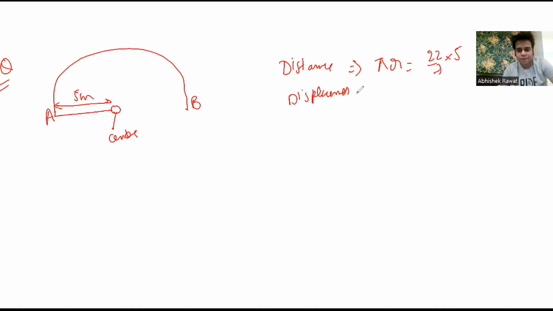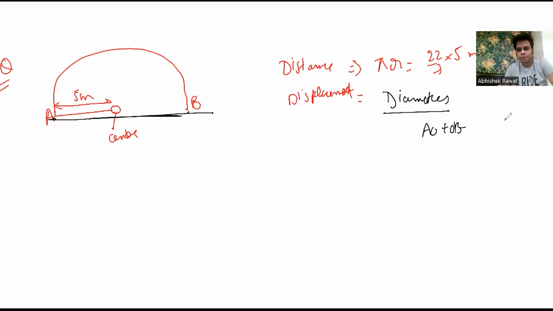You can easily calculate that. Now, displacement will be the shortest path from A to B, which is the diameter. So we add AO plus OB, which is twice AO, which is 10 meters.